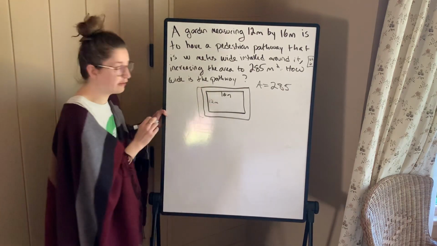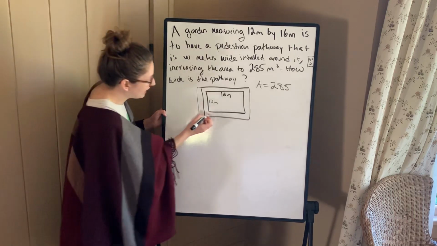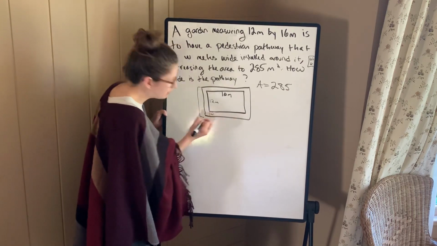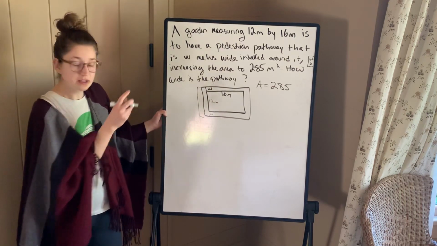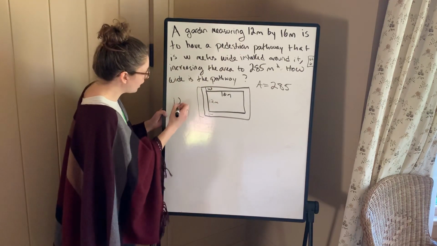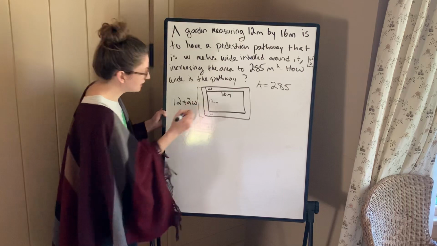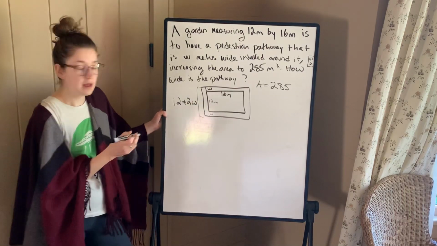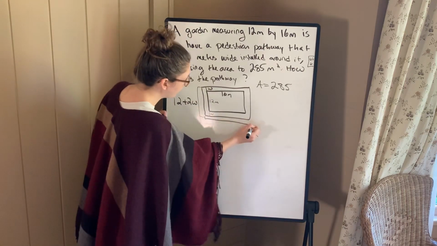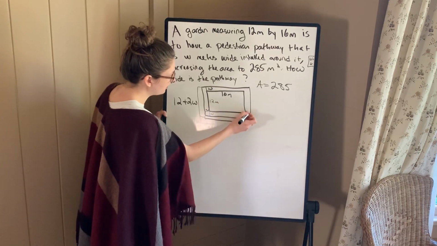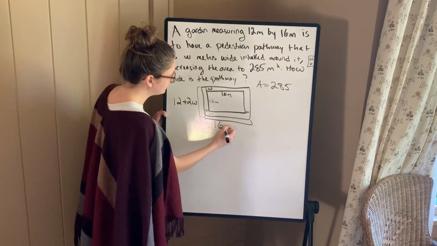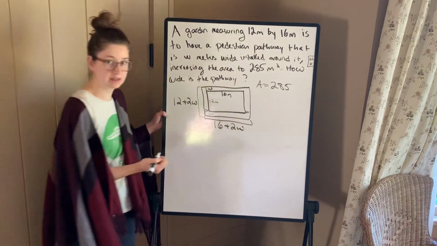It used to be 12 meters, but now we've added W meters here and W meters there. So now the width is actually 12 plus 2W meters. And in the same way, the length, we started with 16, we added a W, we added another W, so it's 16 plus 2W meters.